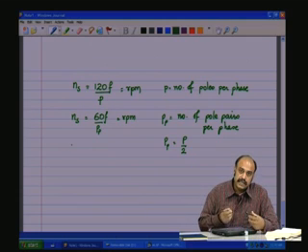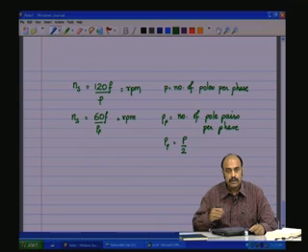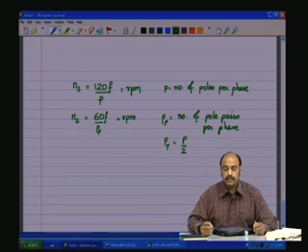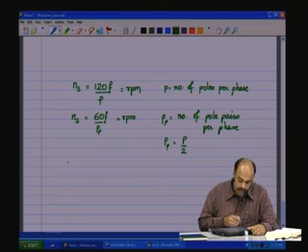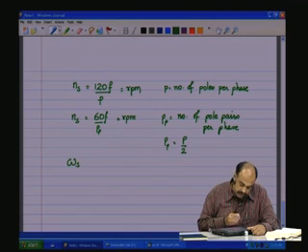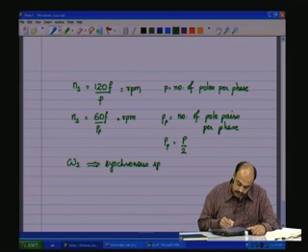Now the synchronous speed is also expressed in radians per second, because radians per second is the SI system of units, so you should know how it is converted. So in the SI system, omega s is the synchronous speed in radians per second.